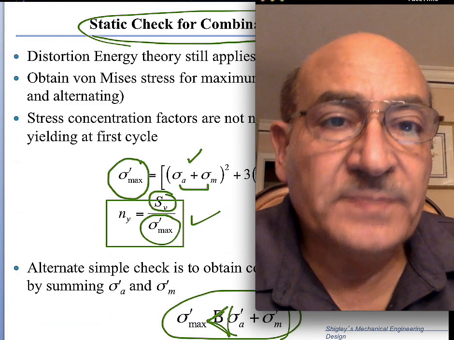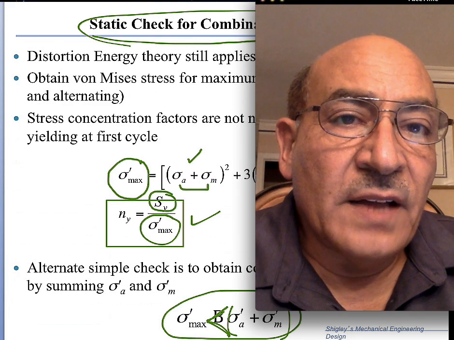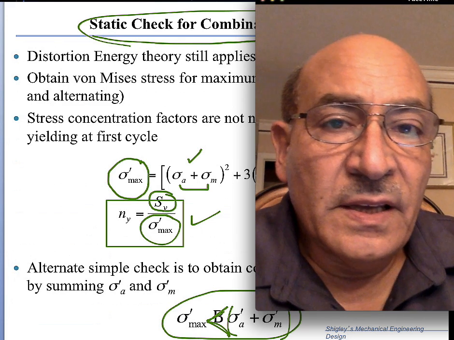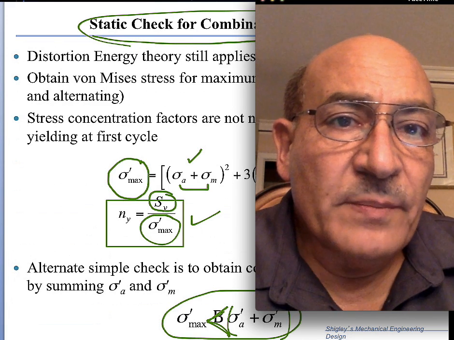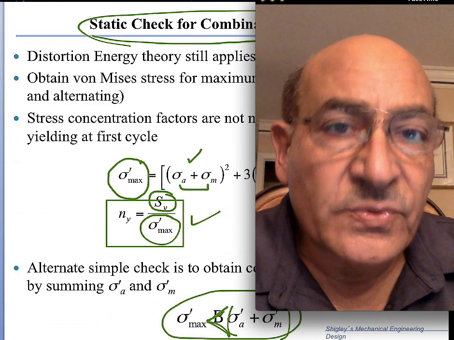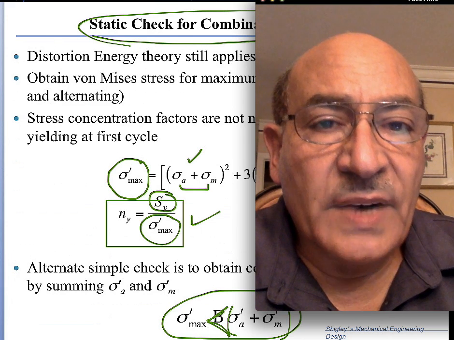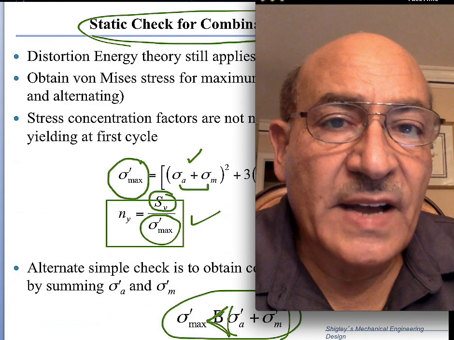procedure or theory. To summarize, we obtain the von Mises stress, and in the von Mises stress we combine bending and axial together with their stress concentration factors, and we combine the shear with its own stress concentration factor.